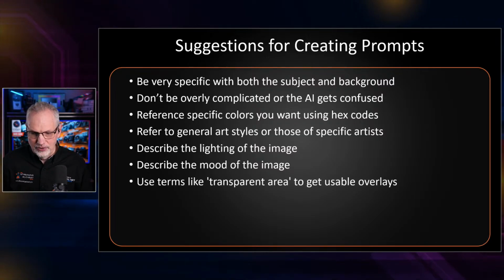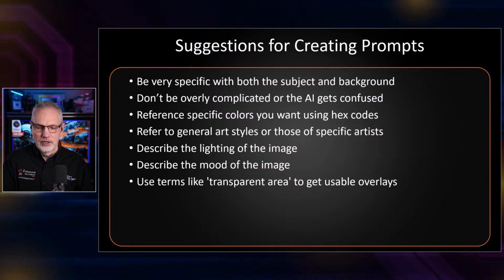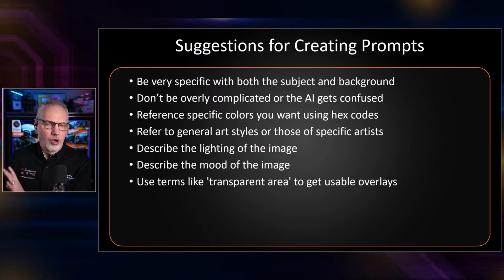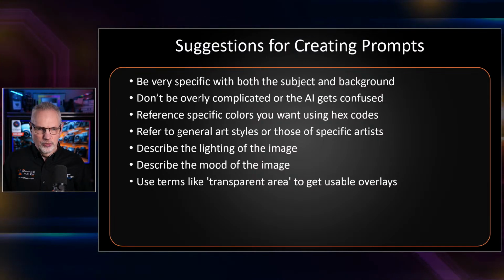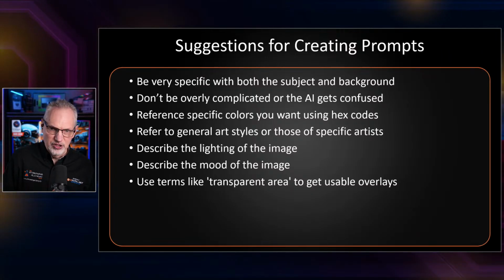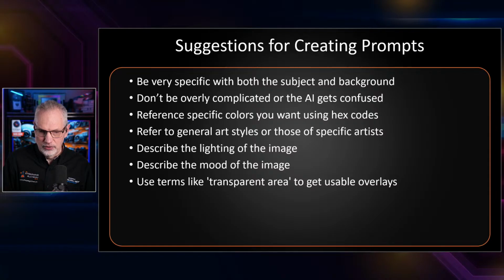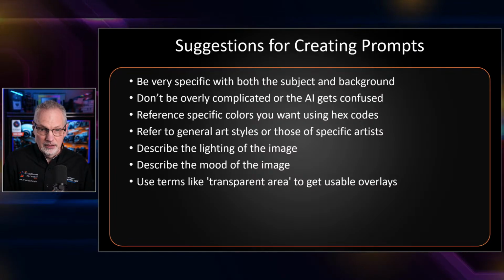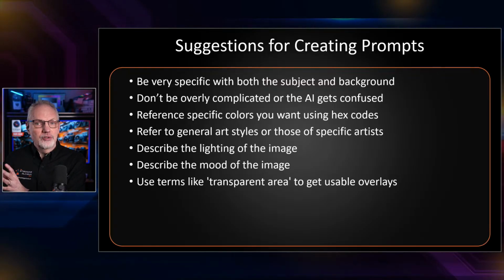And the other thing you can do is use things like transparent area or white background to try and get usable overlays. This can be very useful if you're looking to composite different things, where you're creating certain things, but you wanted certain elements to be generated. That's something you could work with and get something closer to what you want, but only using MidJourney for parts of that.